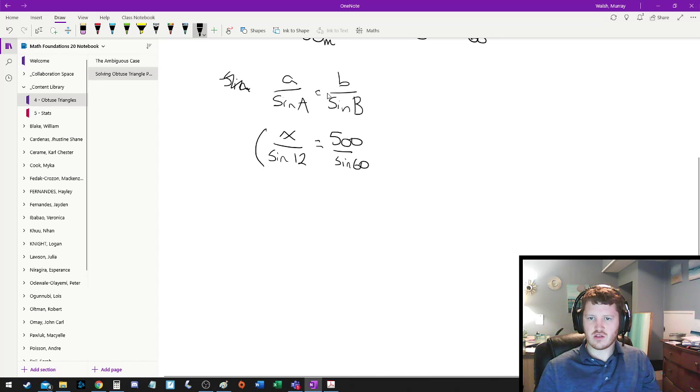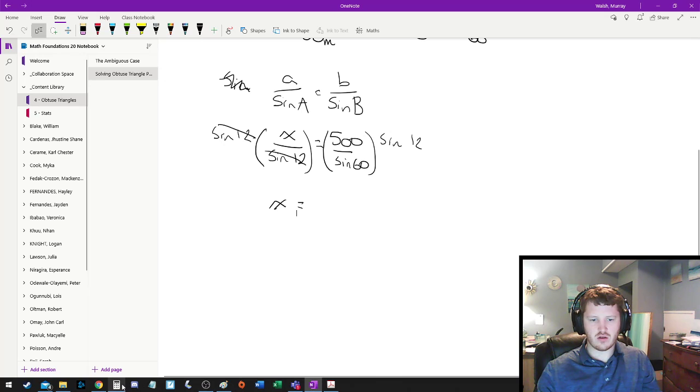Going through and solving this, we'll multiply both sides by sine of 12. Some of you may put the sine of 12 into your calculator first and multiply both sides by the decimal this becomes. The result will be the same. Sine 12 divided by sine 12 equals 1.